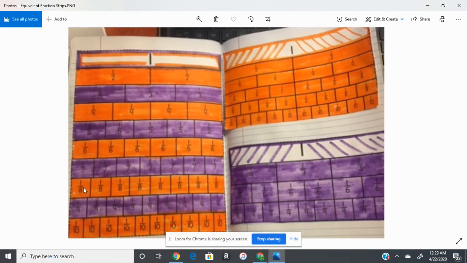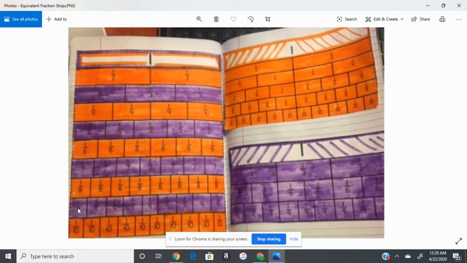And then this one, 1, 2, 3, 4. See how this line matches up with these lines? So you could have 4 of these pieces would make the same as a half a piece. You could do 2 of these pieces, 2/8, and look, they equal the same as 1 of these 4s, 1/4.